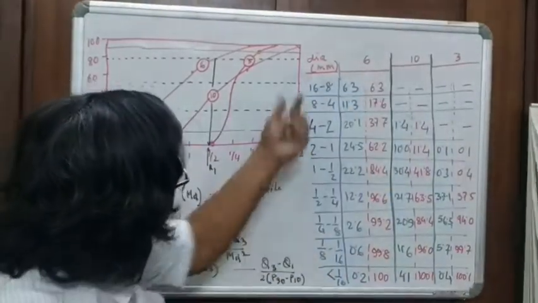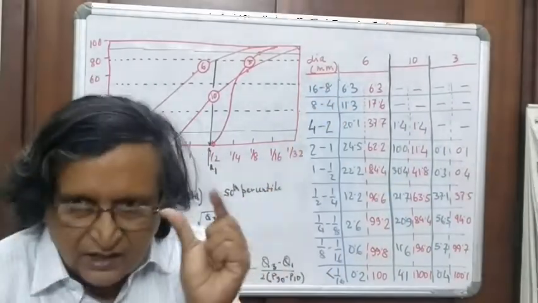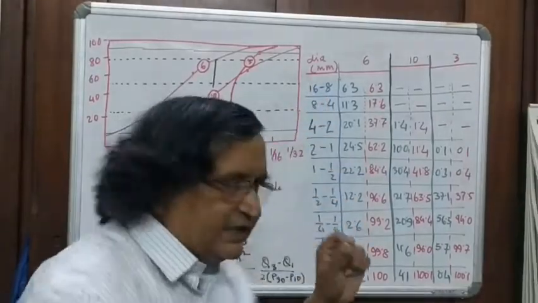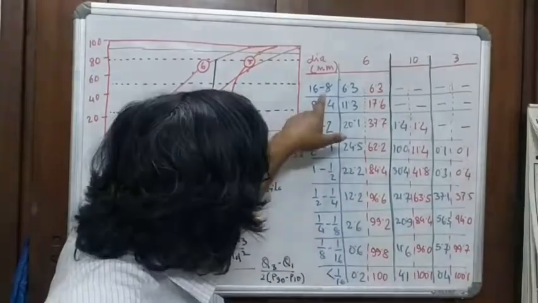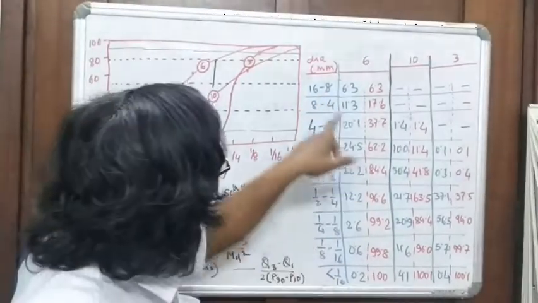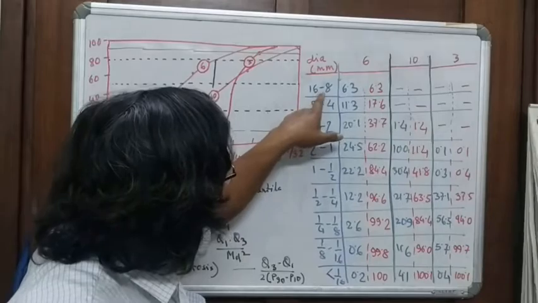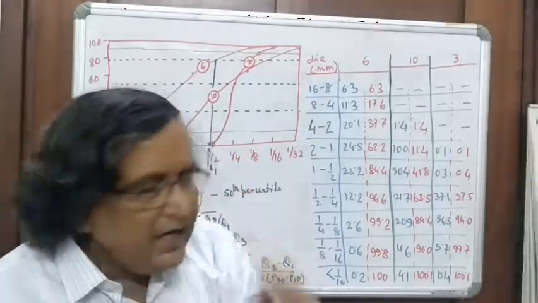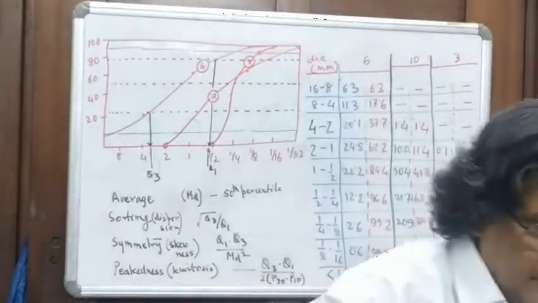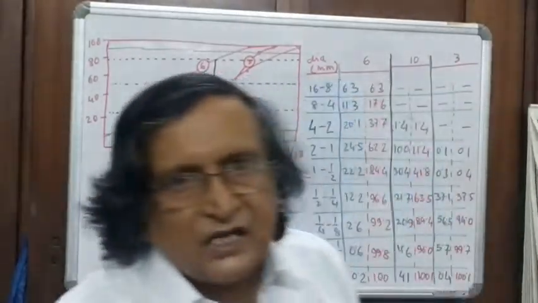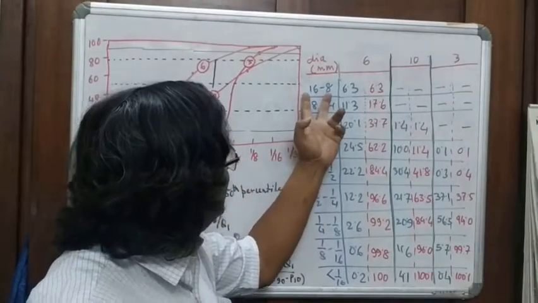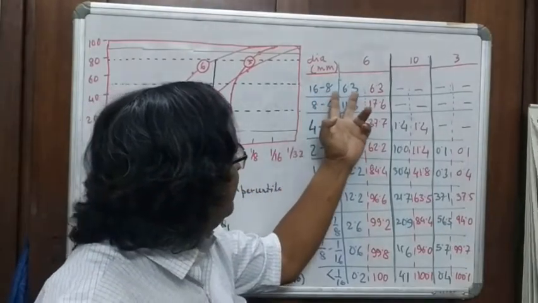This is the class interval, and the midpoint of it, for 16 and 8, is 12 millimeters, the class median. The median value of the class is 12 millimeters, but this is the class interval. This is the frequency.